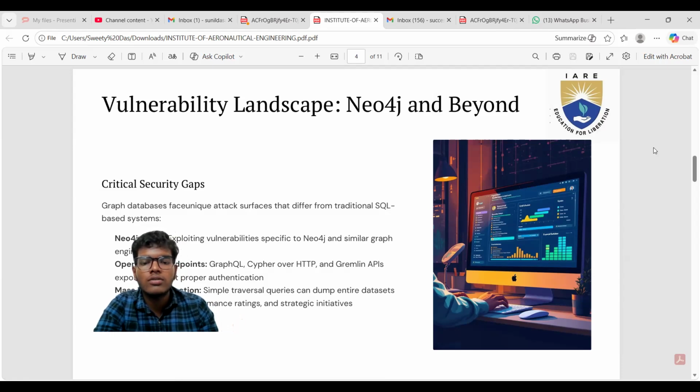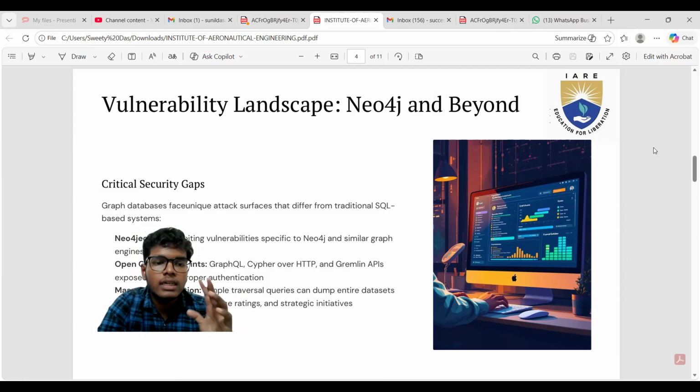We also see a lot of open query endpoints like GraphQL or Gremlin API just sitting there without proper authentication. If an attacker gets in, a simple traversal query could let them dump an entire data set: salaries, strategic plans, you name it.